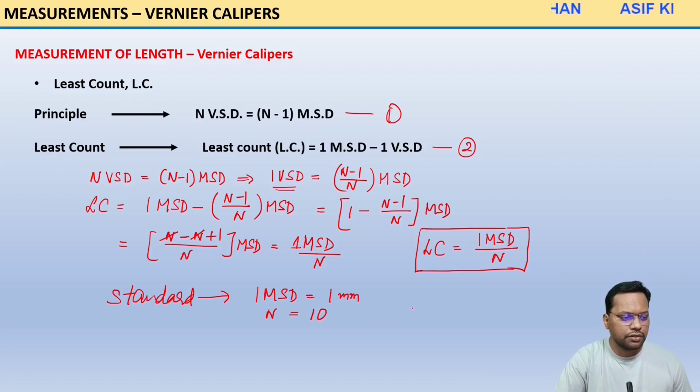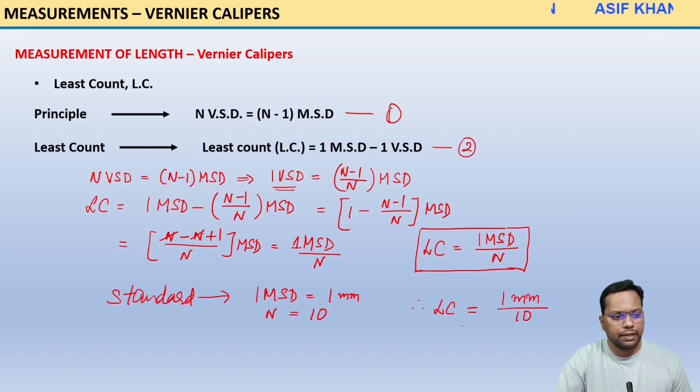So therefore, in this case, the least count will be 1 mm divided by 10, that is equal to 0.1 mm.